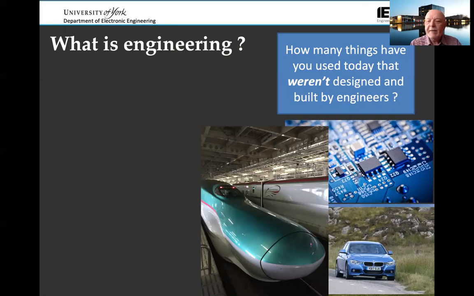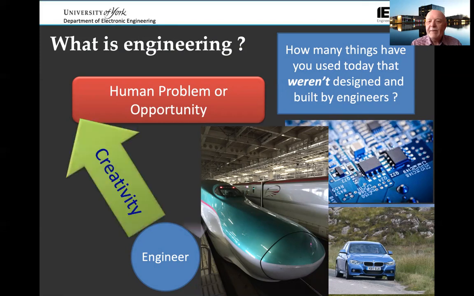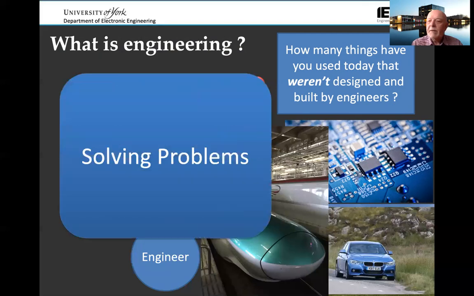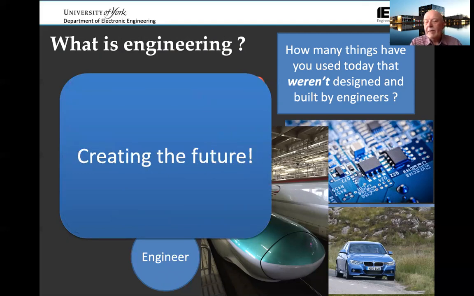And all of these things are designed by engineers. And for me, what an engineer does, it takes a problem, an opportunity, and applies creativity and applies technology to the problem to solve these problems, to come up with innovative designs and create the future.